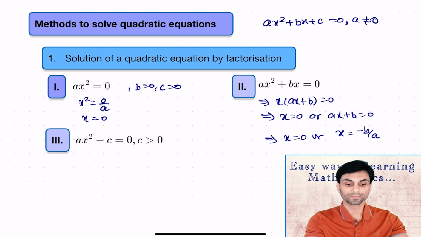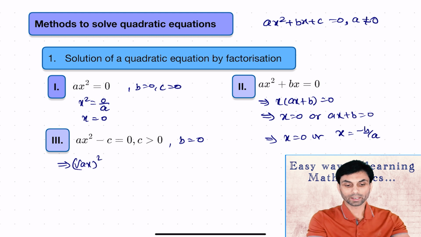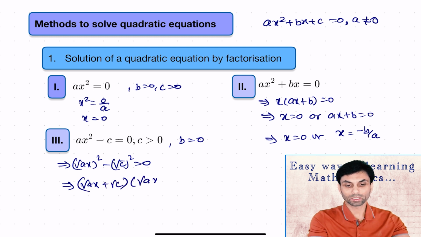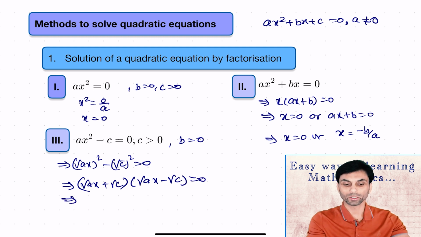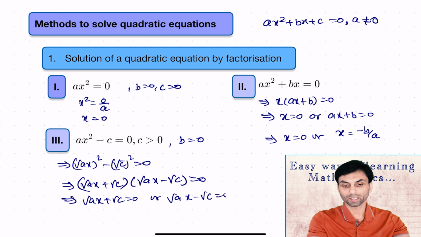Next, when you talk about the third case, where ax square minus c equals 0 and c is greater than 0, in this case b is equal to 0. So we can rewrite it as (root ax) whole square minus (root c) whole square equals 0. Now using the a square minus b square identity, we can write it as (root ax plus root c) into (root ax minus root c) equals 0, and on equating each factor to 0, we will get root ax plus root c equals 0 or root ax minus root c equals 0.